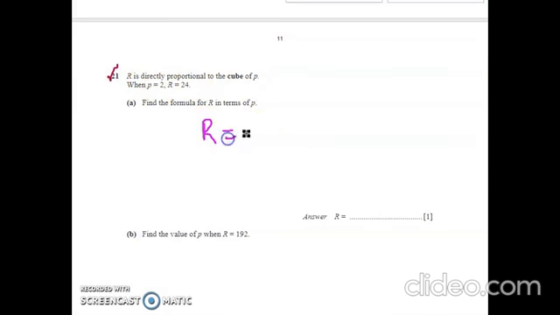R equals K P cube. When P is 2, that means 2 cube, R is equal to 24, so 24 is equal to K times 2 cube. That is 8, so 24 divided by 8, K is 3. So R equals 3P cube.